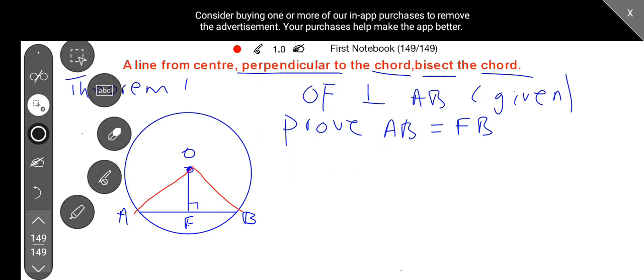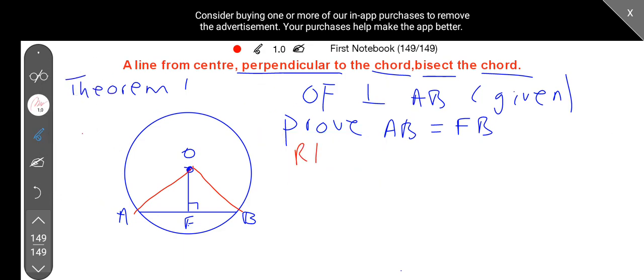The last one is RHS. RHS is what we're going to prove in this theorem. It's a right angle, which is the 90-degree angle, the hypotenuse, which is the longest side of the triangle, and the side, which we are proving to be equal.